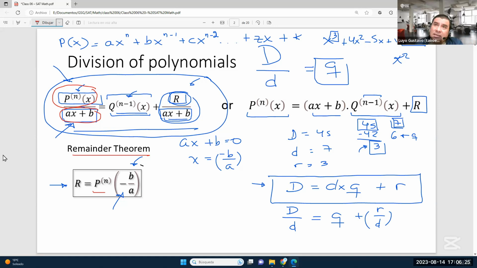So here you can see if we equate this to 0 and isolate x, we get this value. If we use that value in the polynomial, the resulting output is the remainder directly. Okay, so that's how you can try to do question number 4.